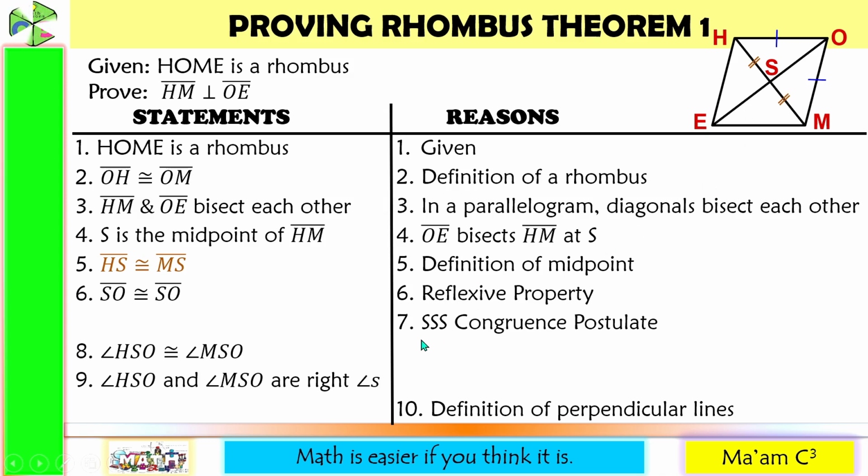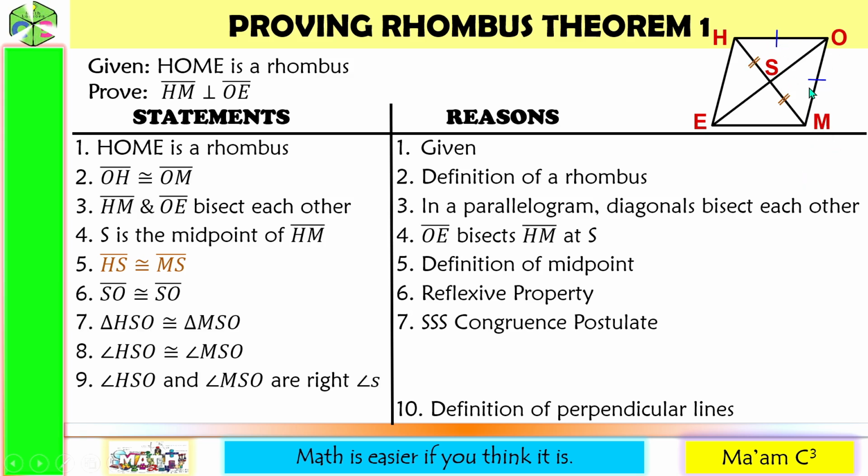That's why we have SSS congruence postulate. We just have to state the triangles that are congruent. And that is triangle HSO is congruent with triangle MSO.